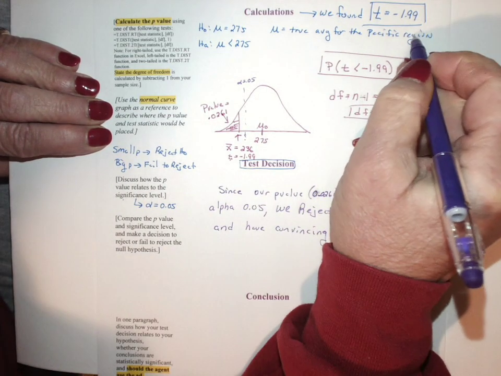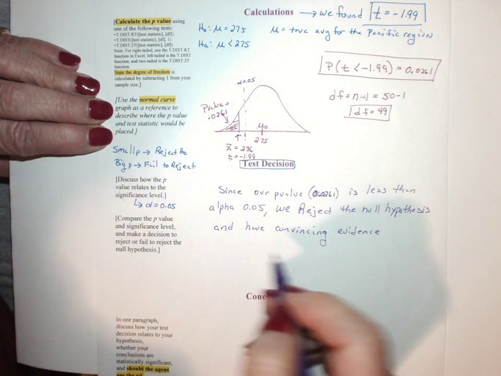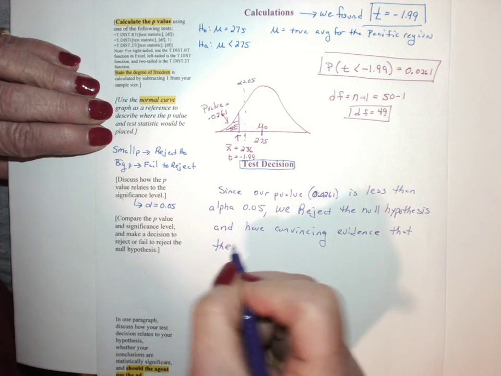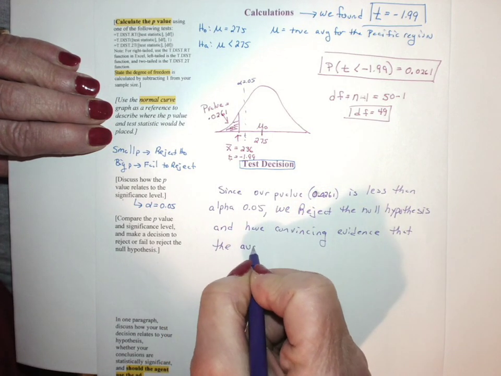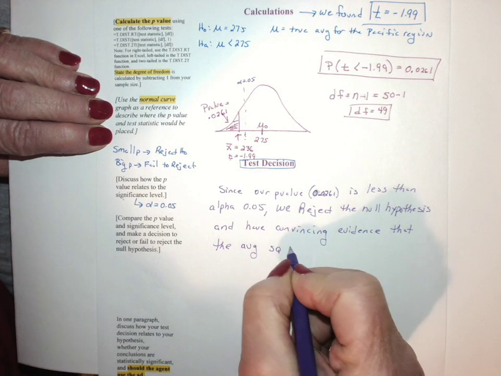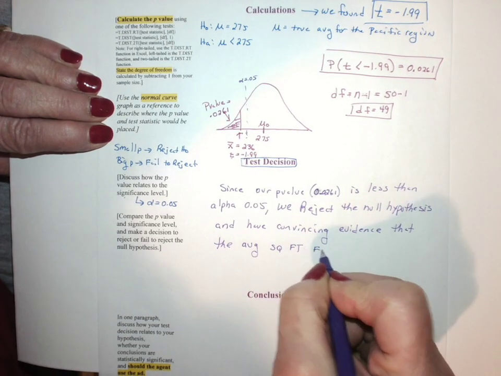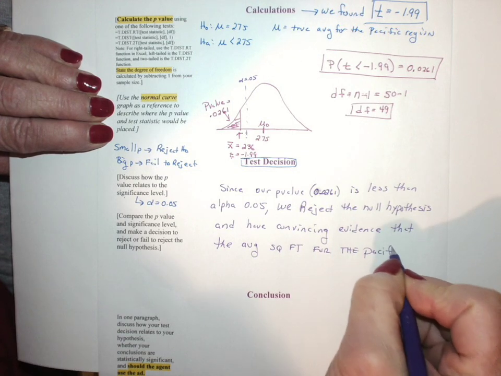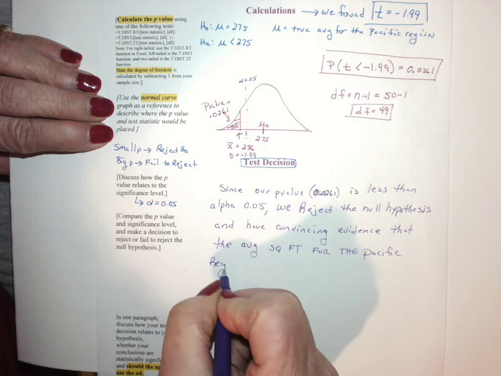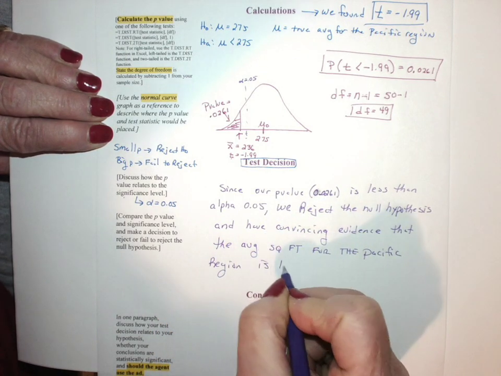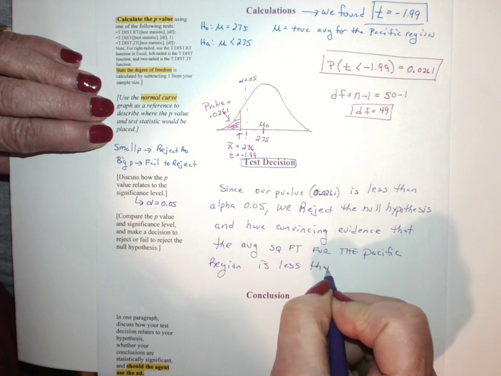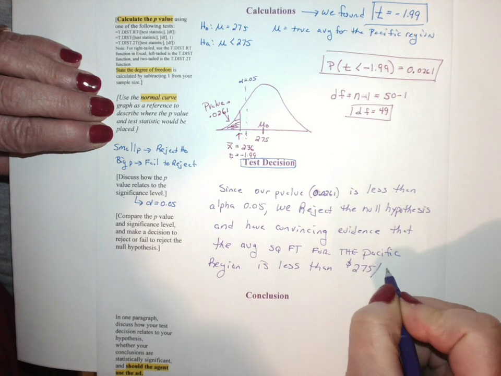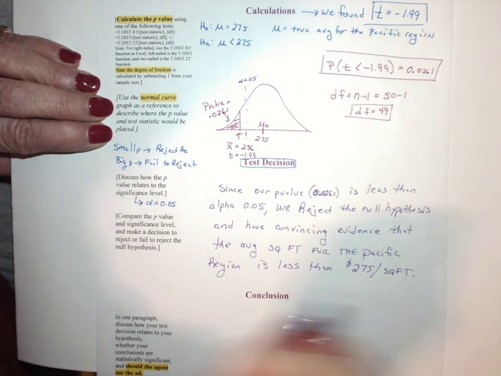Okay, and when we're making this, we're talking about we have convincing evidence that the average square foot for the Pacific region is less than $275 per square foot.